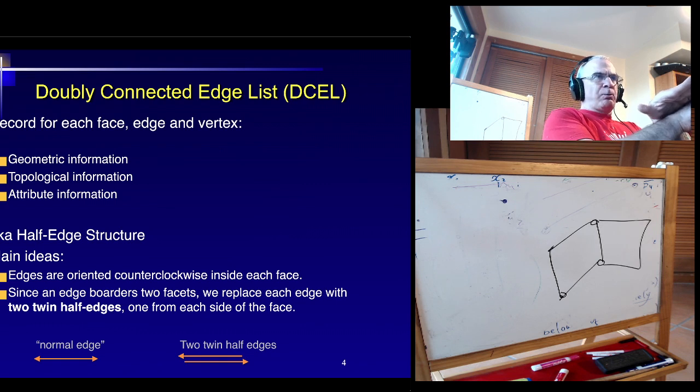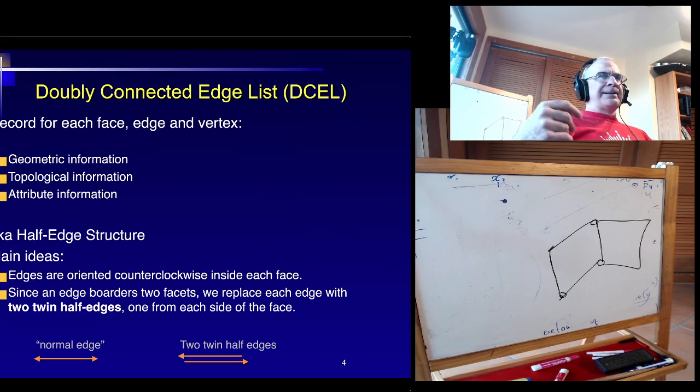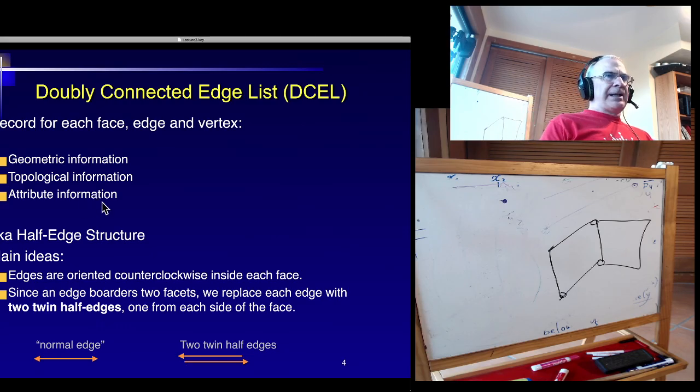It doesn't tell us where the boundary is, but it says they are neighbors of each other, so it's topological information about which face is neighbor to which one. And attribute information, for example, in graphics, I'll assign a color to each vertex, and the color inside will be obtained via linear interpolation, for example. So it's similar, though not exactly identical, to the half-edge data structure.